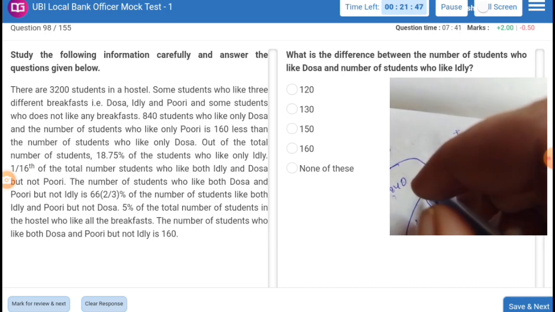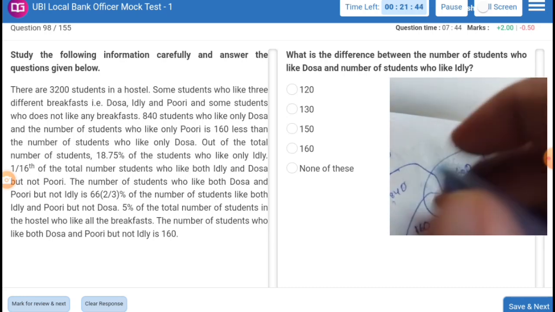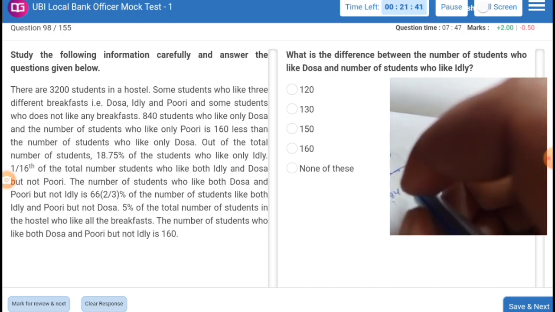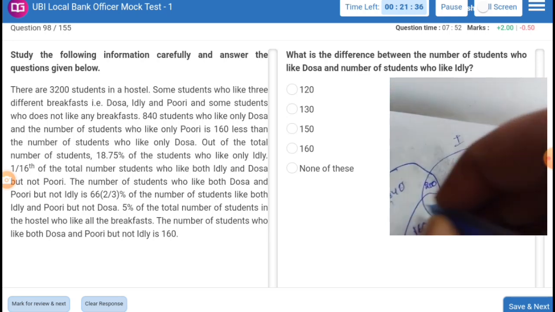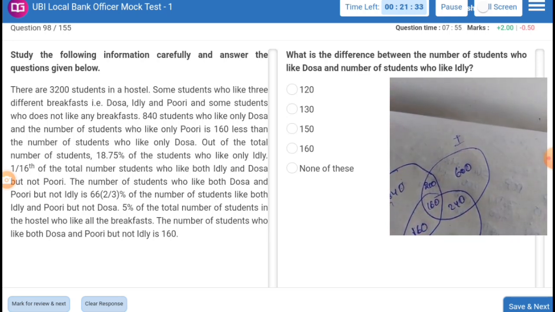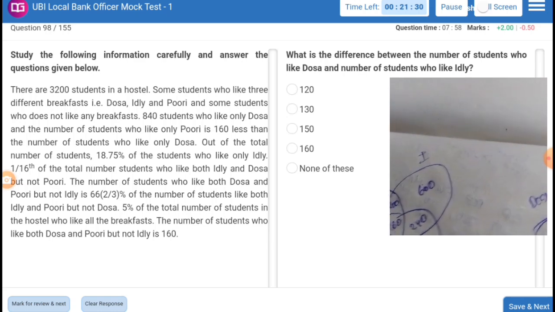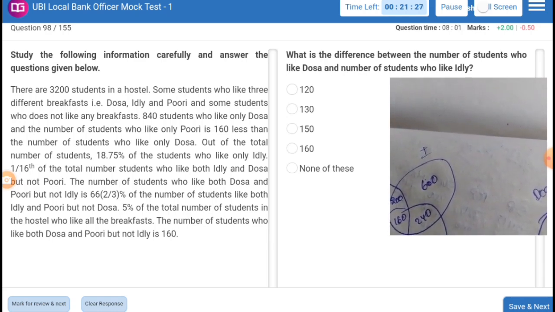The total number of students who like idli and dosa: 116. Next. $320.